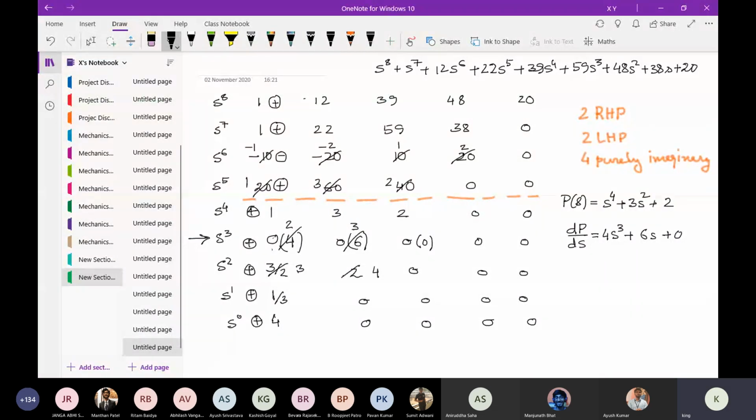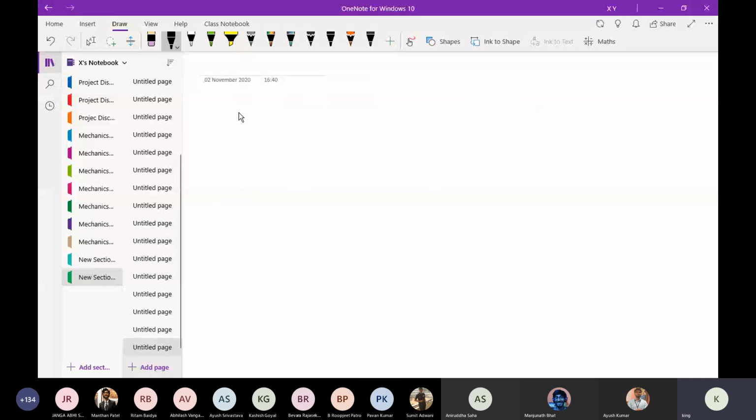So these are the kind of conclusions that we can draw, and of course this is going to be unstable because we have right half plane poles, and there are possibilities of the poles on the imaginary axis that can create problems for you. So here is something that you can try for yourself.